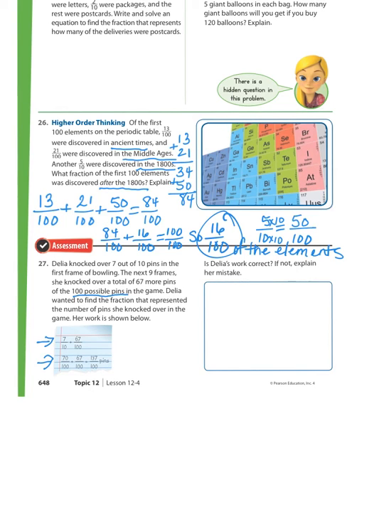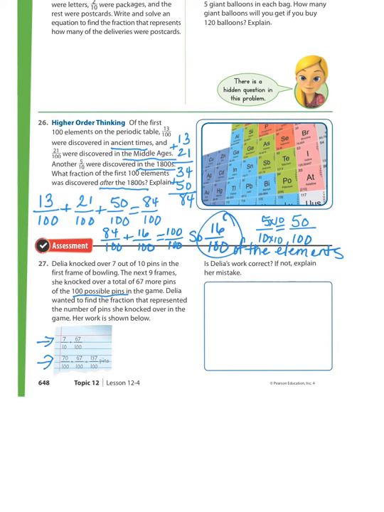My question for you is, can you bowl and knock down more pins than you have in the total game? So she said she knocked down 137 pins out of 100. How could that be possible?